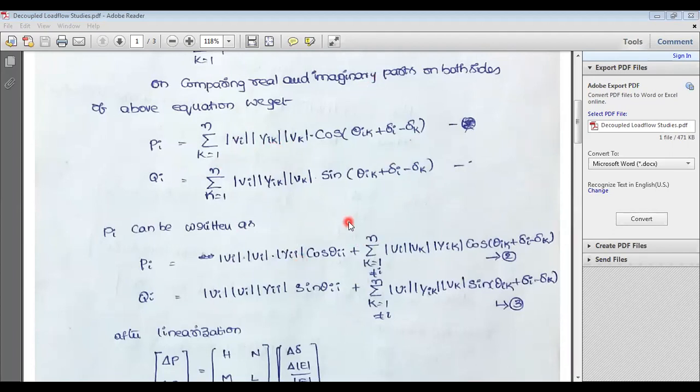So this term gets separated, and except this term all the terms are mutual admittances, that is, k is also varying from 1 to n but should not be equal to i. Now make that equation number 2, and similarly you can separate the self admittances in the reactive power also. Make this equation number 3.